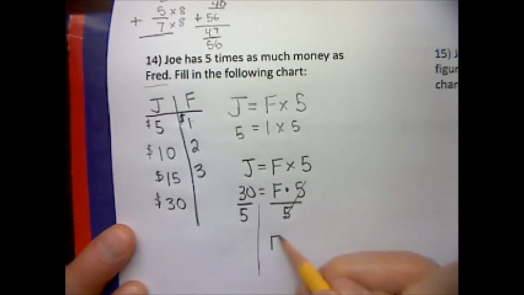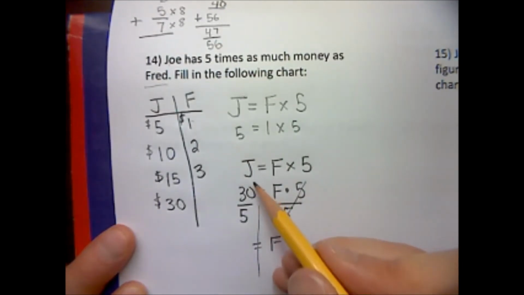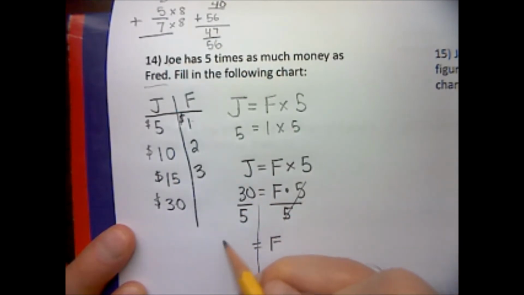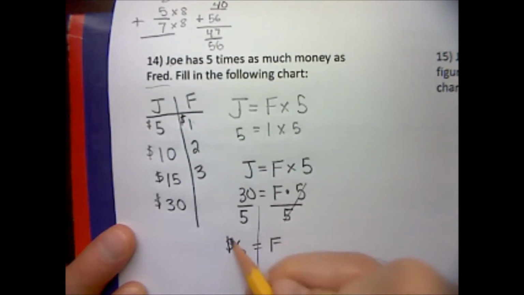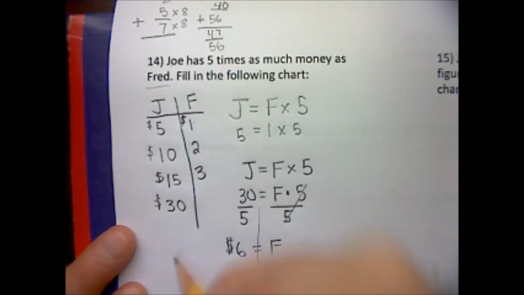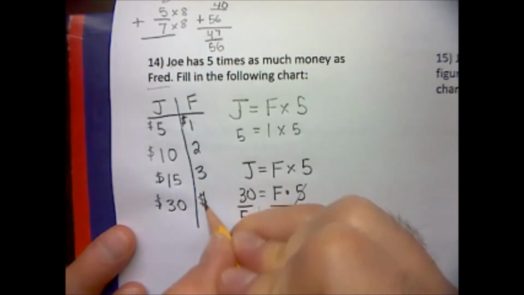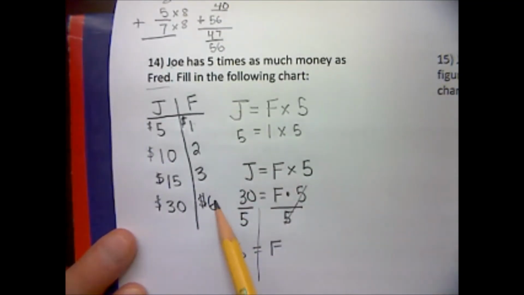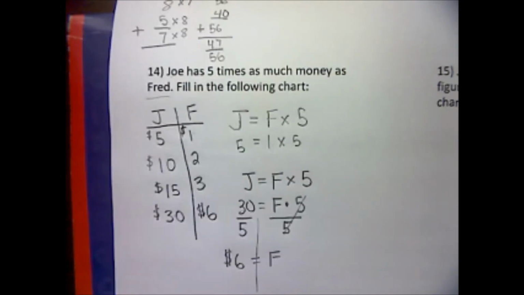It cancels out. F equals 30 divided by 5, which is $6. If Fred has $6, Joe has 5 times as much as that, so 6 times 5 is 30. So there is how you do problems like that. Let's do another one.